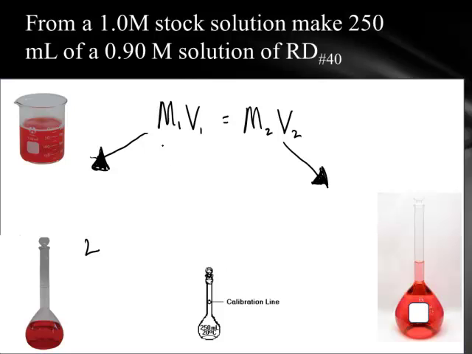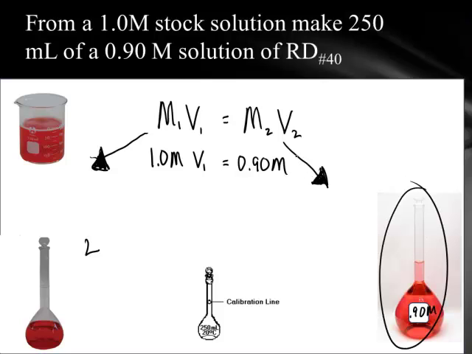We know M1, that's the 1.0 moles per liter. That times V1 equals, we know what we want M2 to be, 0.90. That's what we want to come out with down here, 0.90 molar. And we know how much V2 is because V2 is the volume of our volumetric flask, 250 milliliters.